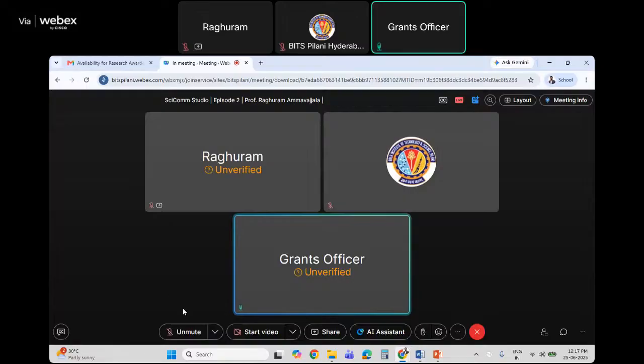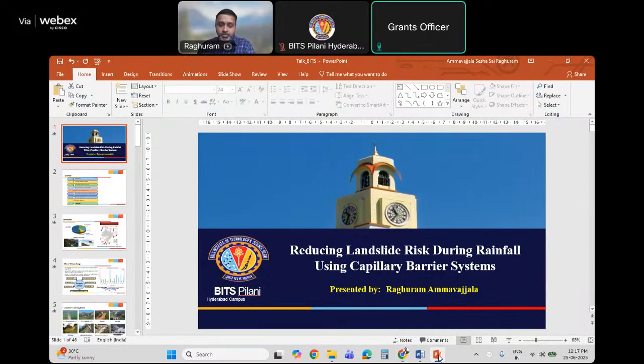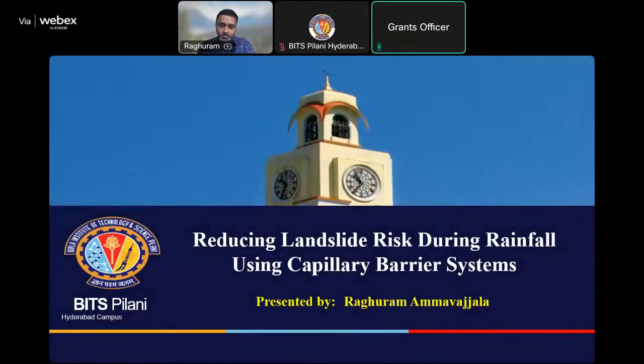His research focuses on sustainable geotechnical engineering, including carbon negative ground improvement techniques, sustainable geomaterials, slope stability, and risk and reliability analysis. He has published more than 35 research papers, secured research funding exceeding 1.2 crores from agencies such as ISRO, NBCC, and TTDF.